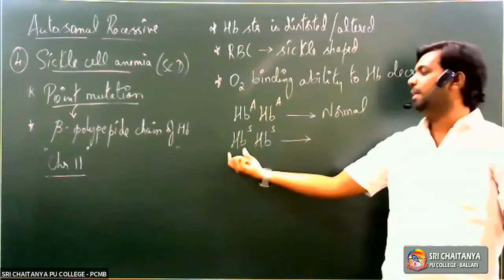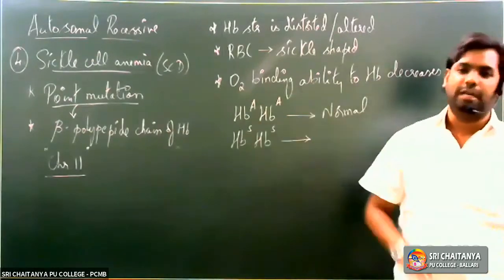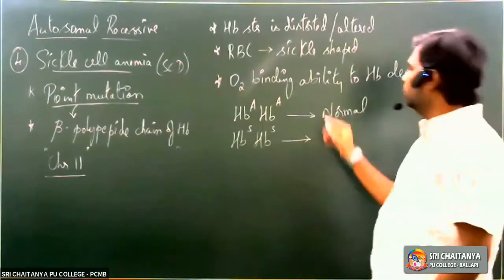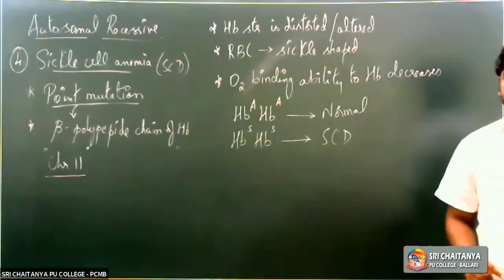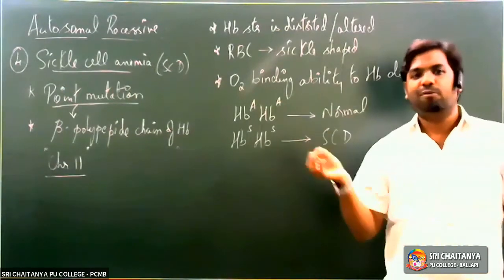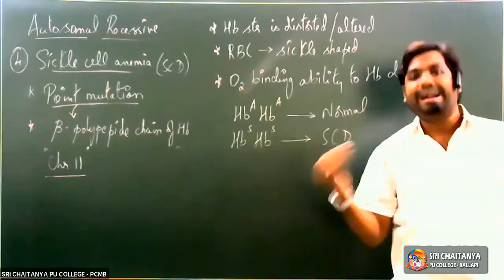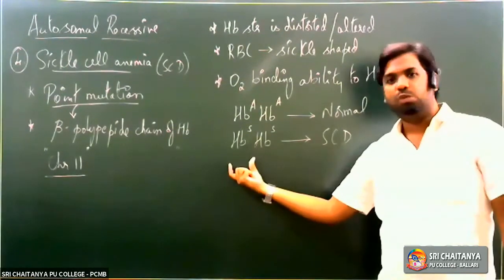That is HBS and HBS. So this is said to be a recessive condition where the individual will start suffering from sickle cell disease or sickle cell anemia, right? So this individual will usually die before the reproductive age is attained.